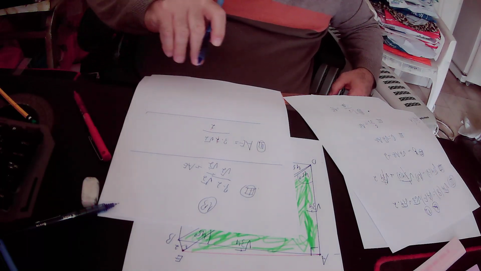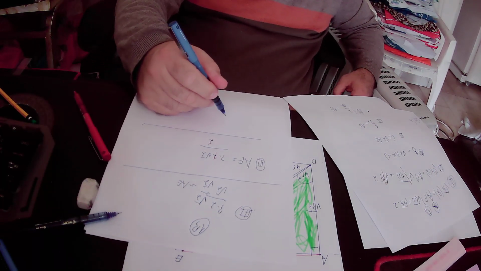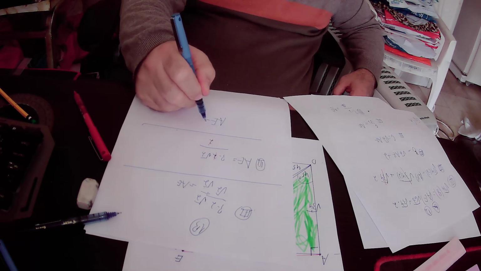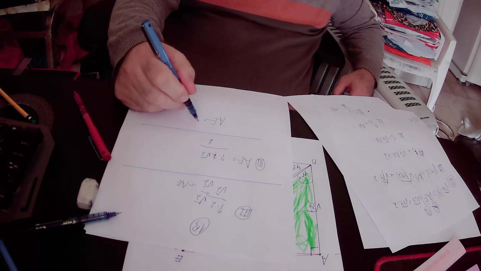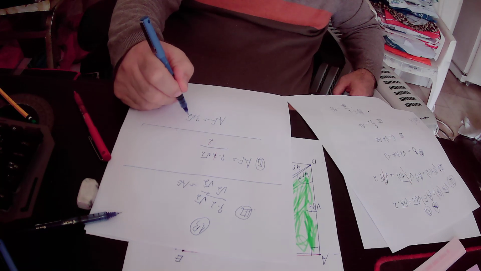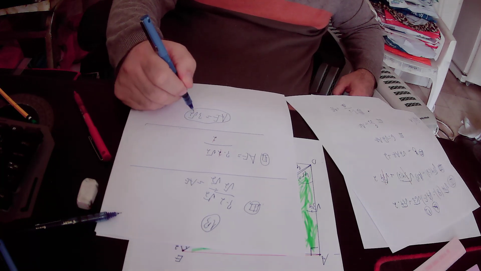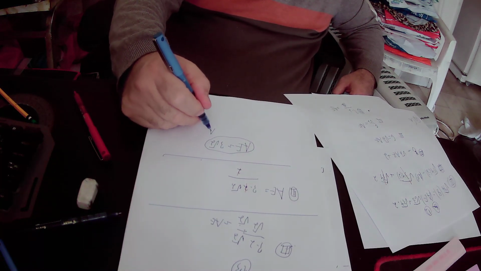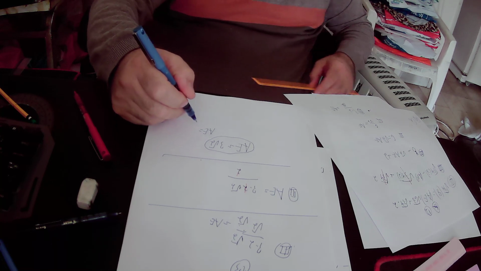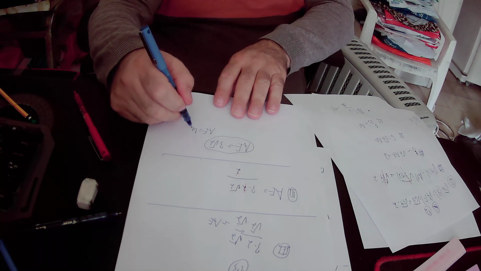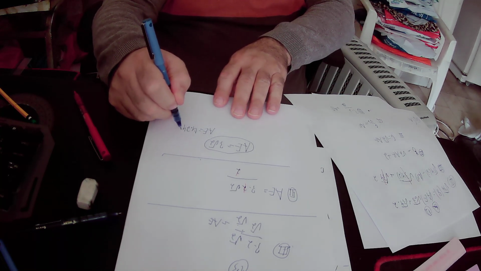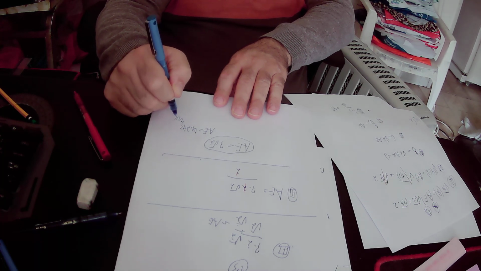And we found out that AE equals 3 times root 2 units, or in terms of numbers, AE equals 4.243 units.